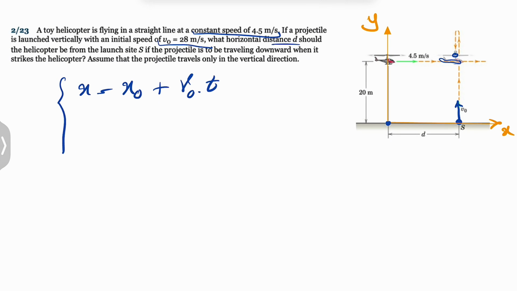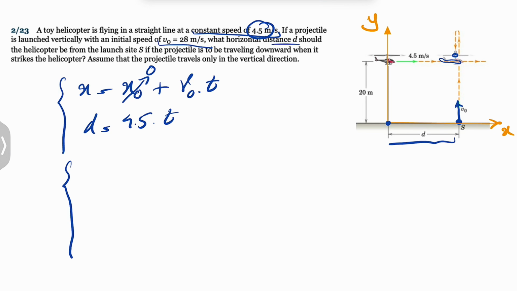So we're dealing with the same timing for the two objects. The x0 is 0, and our x is the distance d we are trying to figure out. The velocity is constant, 4.5 meters per second, times t. So d equals 4.5t, and that's what we get from the helicopter.